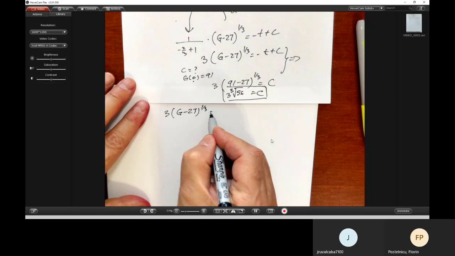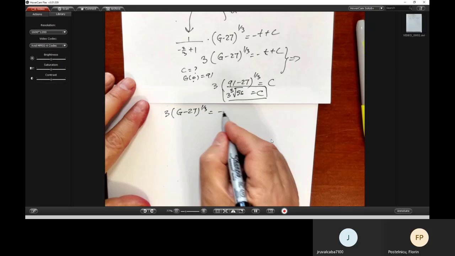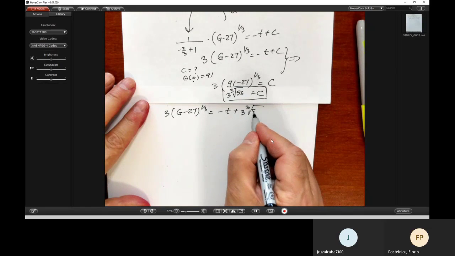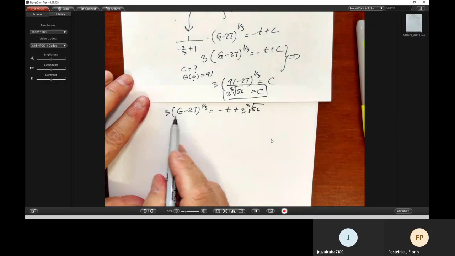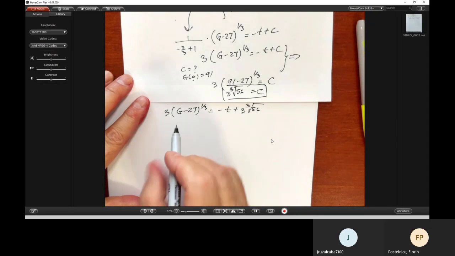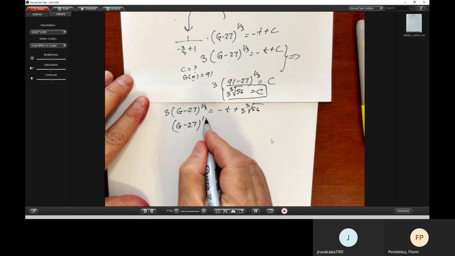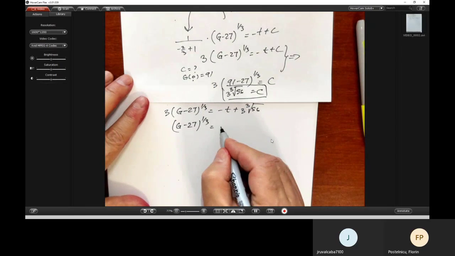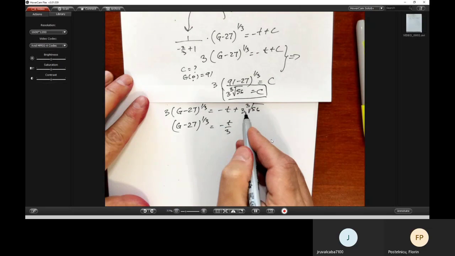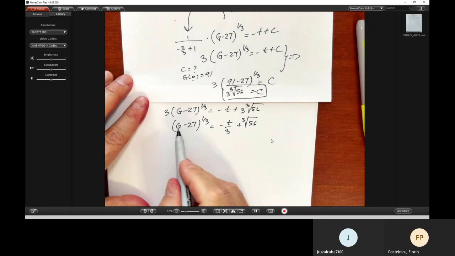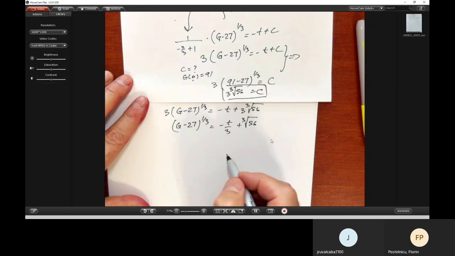And now I will get g by itself. I'll divide first by 3, I'm sorry, and I get plus cubic root of 54. And now, in order to get g minus 27 by itself, I'm going to raise to the third power. g minus 27 is that expression on the right, cubic root of 54, don't forget, to the third power.